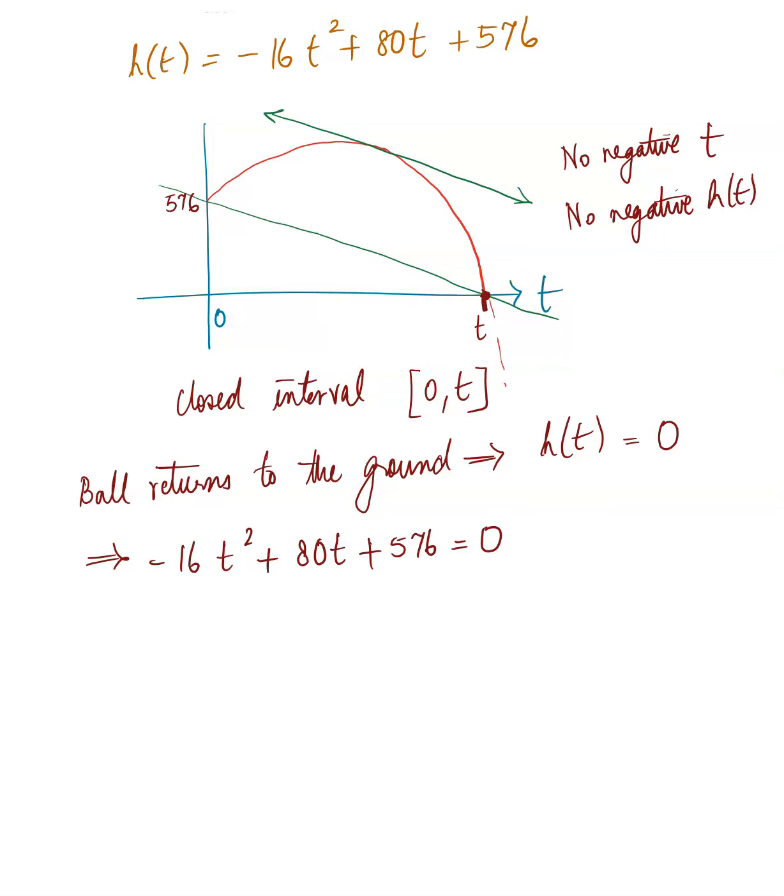the x method or the BC method, and factor out the GCF, which is negative 16. And when you do the factorizing, you get t plus 4 times t minus 9 equals 0. When you set each factor to 0, we get t equals negative 4 or t equals 9.